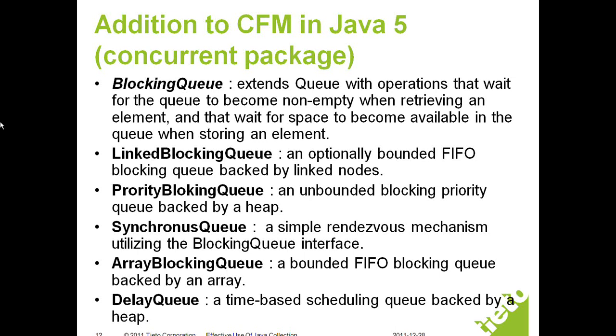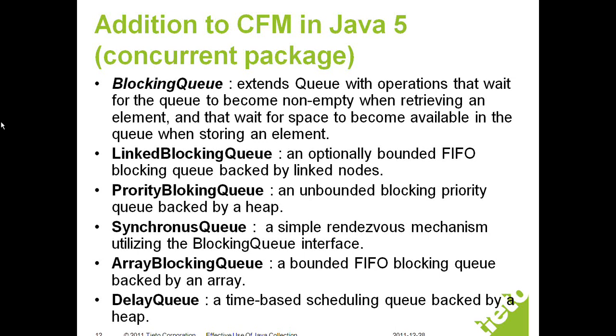When we are talking about all these different classes and interfaces added in the concurrent package, even the name suggests concurrent, so all these types of collections are added specifically to execute in a multi-threaded environment, or we can say to support concurrency in Java. As we have already discussed, the interfaces and collection implementations given in Java 1.2 like array list, linked list and all those things are not synchronized.